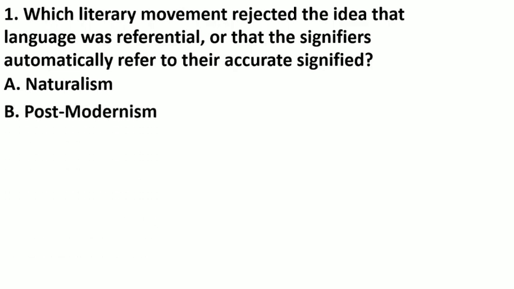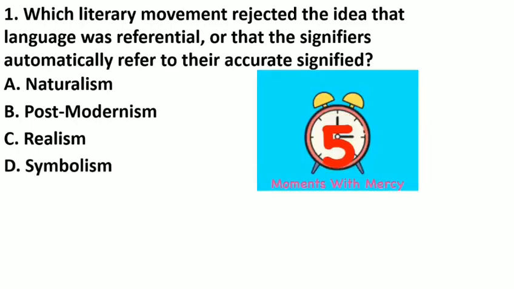Which literary movement rejected the idea that language was referential, or that the signifiers automatically refer to the accurate signified? A. Naturalism. B. Postmodernism. C. Realism. And D. Symbolism.